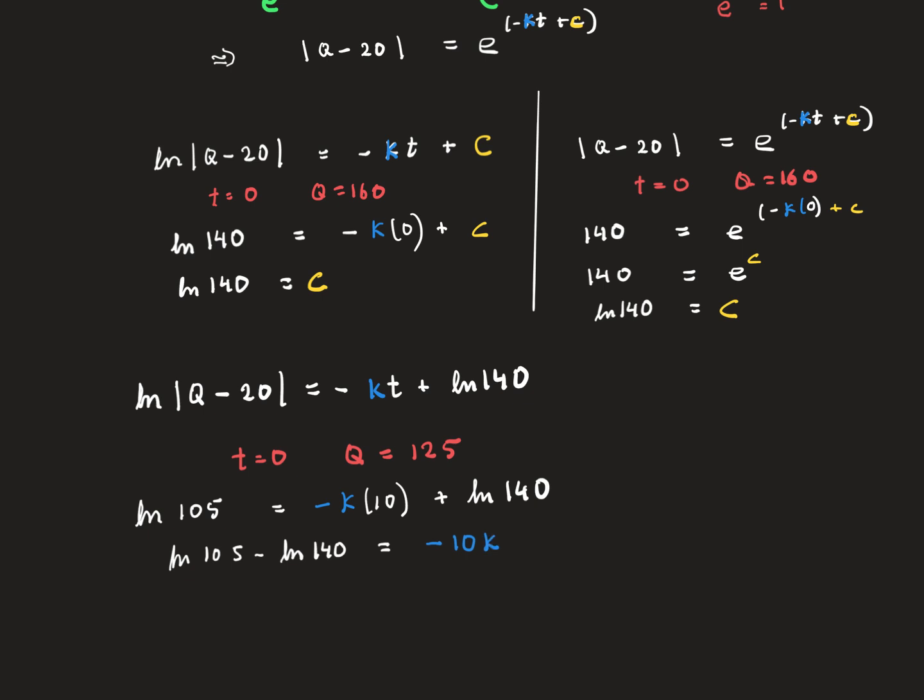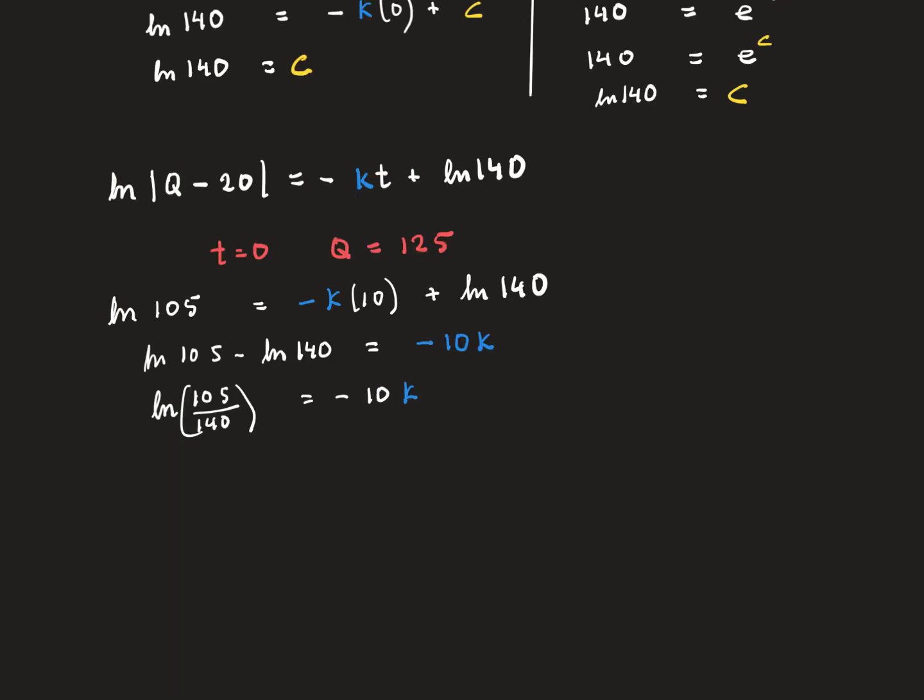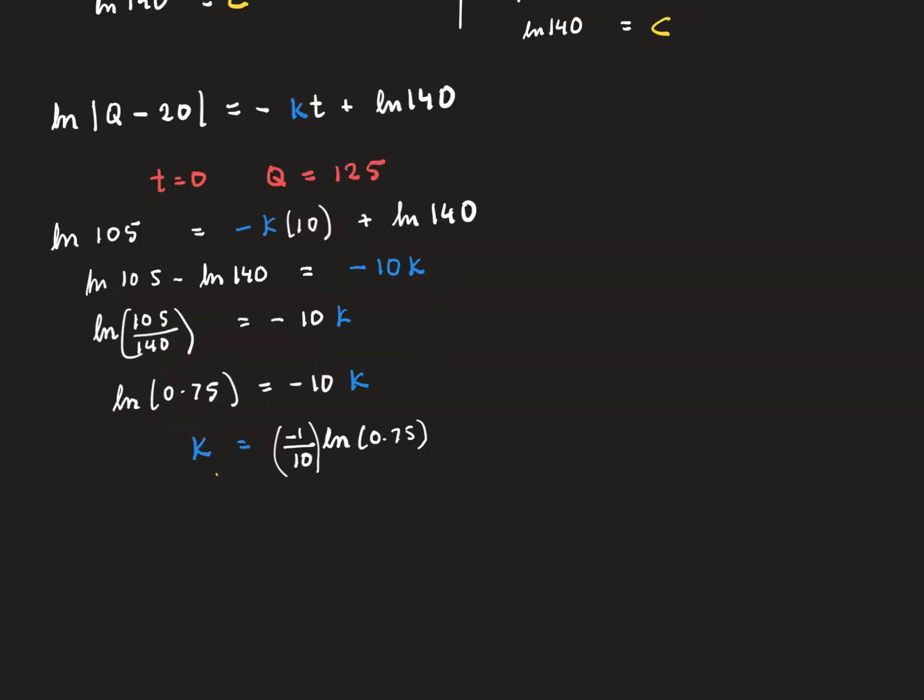So that means that ln of 105 over 140 is equal to minus 10k. ln 0.75 is equal to minus 10k, and therefore k must be equal to, all right, well, I'm going to substitute that k into here, and so that you can see everything, I'll continue writing on the right-hand side.